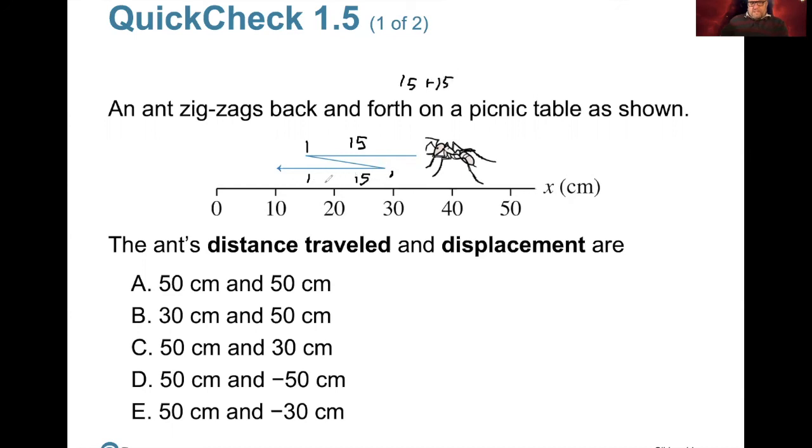Then he heads from 30 all the way over to 20. So the final part of his journey is 20. So that means the total distance that he traveled is going to be 50, but his final displacement is going to have a different value.